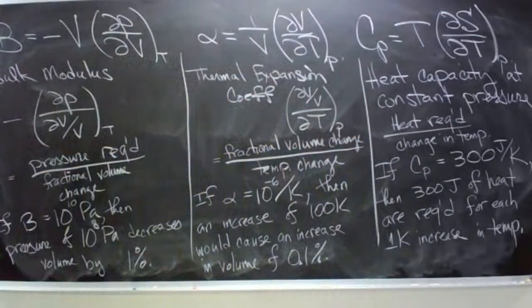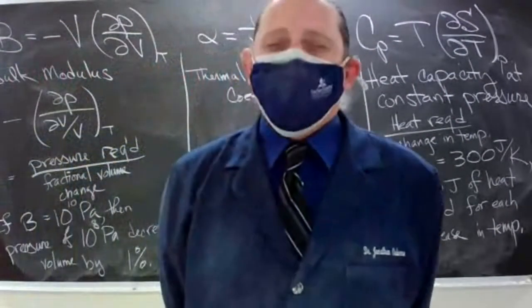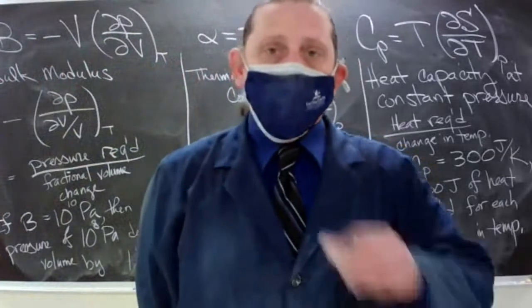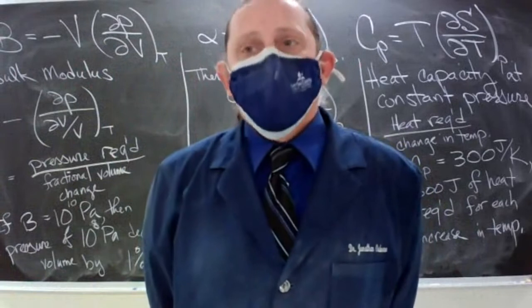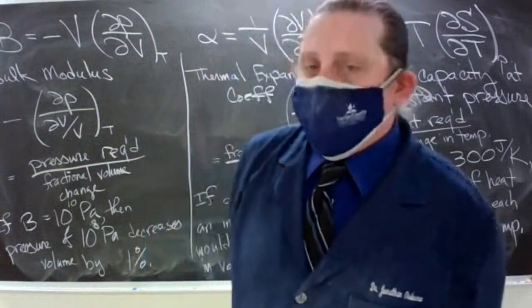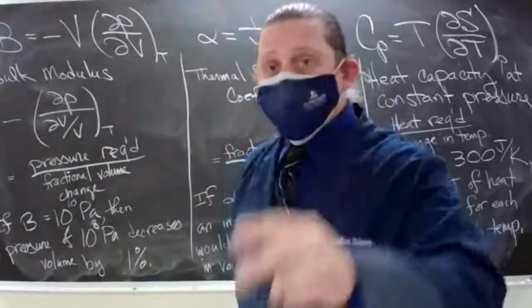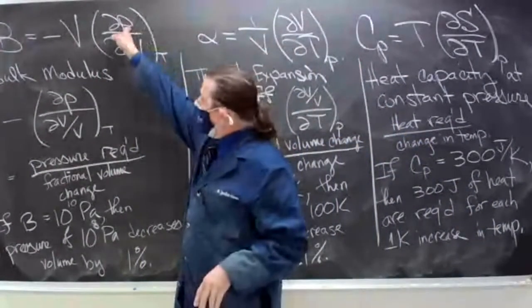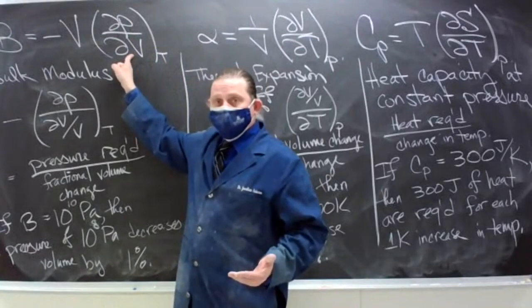So how many derivatives are there? Well, I've got 4 state variables. Pressure, temperature, entropy, volume. If I want to form a derivative, I need 2 of those. One for the top, one for the bottom. All right?